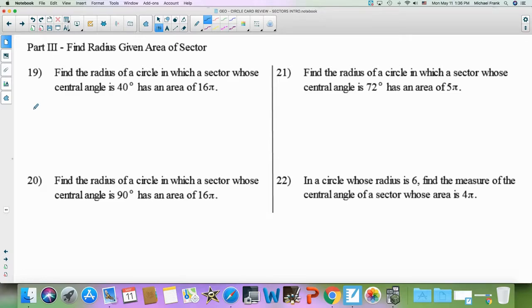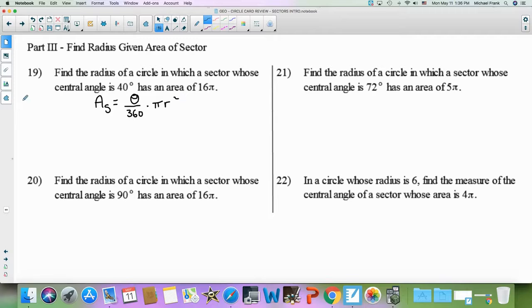Now, that 16 pi is not the area of the circle. If you read that carefully, find the radius of a circle in which a sector whose central angle is 40 degrees has an area of 16 pi. So if we look at the formula, the area of a sector is equal to, and I'm going to use the central angle one, the angle out of 360 times pi r squared.